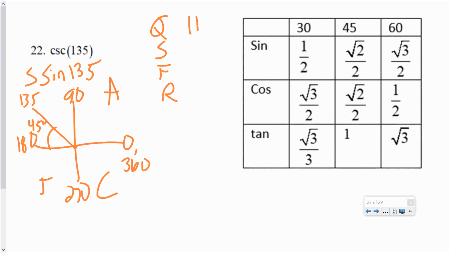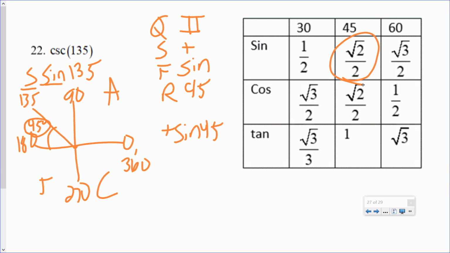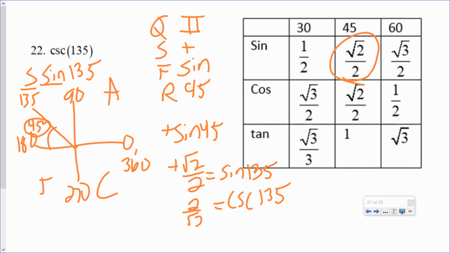QSFR. In quadrant 2, sine is positive. Again, the function is sine, and the reference angle is 45. So it's positive sine 45, which is positive rad 2 over 2. This is sine of 135. Because it wants cosecant of 135, it's the reciprocal of that, which is just 2 over rad 2.